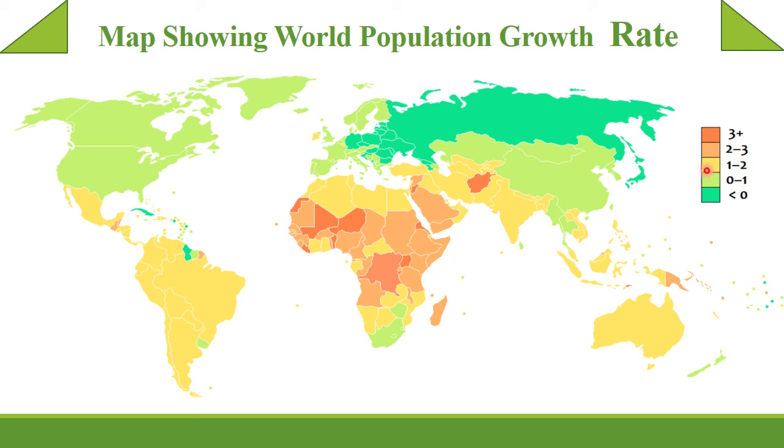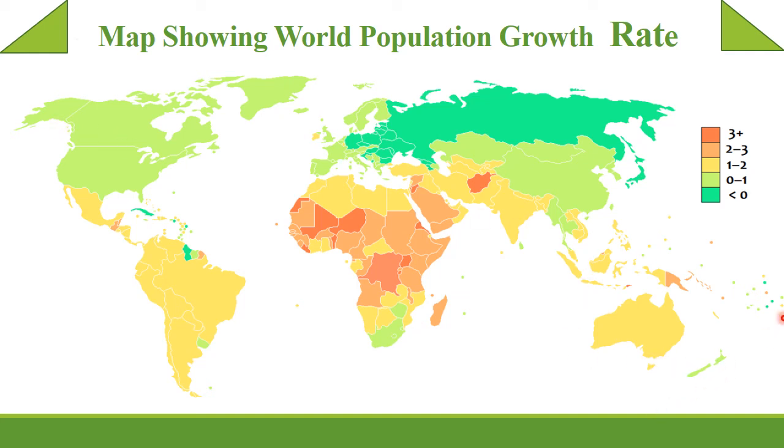And the third category is some portion of North America, almost all of South America, the northern part of Africa, some southern parts of Africa, and the southern part of Asia, and Australia. All these areas lie in this category. 0 to 1 includes China, Mongolia, these countries, the southernmost tip of Africa, Cape Town, and North America.